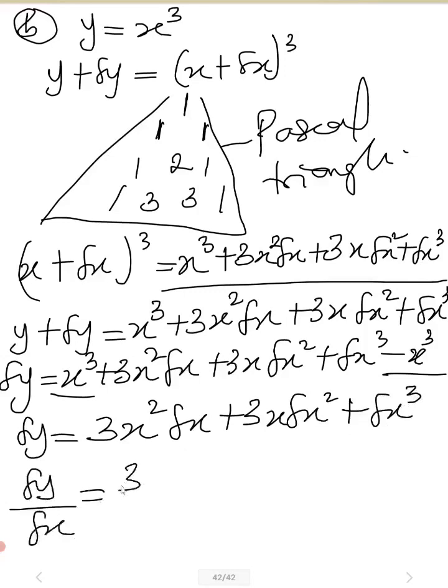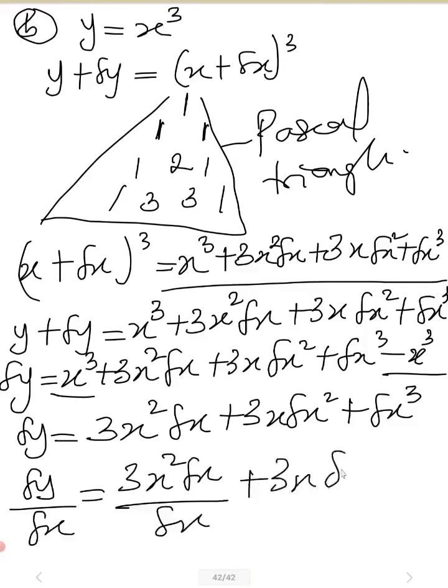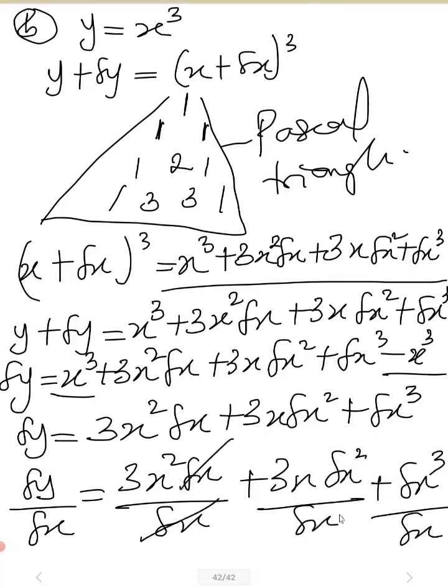So to have 3x squared dx over dx plus 3x dx squared all over dx plus dx cubed over dx. So this will cancel this. This will also cancel, it will remain 1. This will cancel this, it will remain 2.